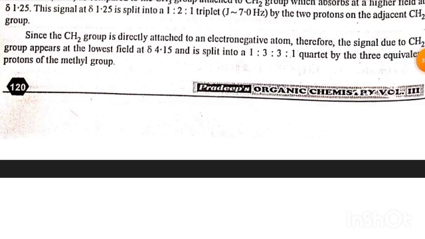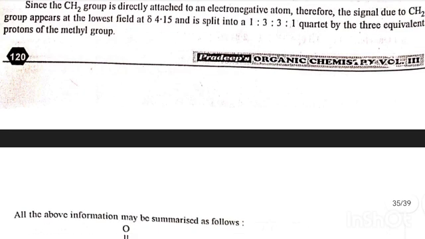Since the CH2 group is directly attached to an electronegative atom, the signal due to the CH2 group appears at the lowest field, at delta 4.15, and is split into a 1:3:3:1 quartet by the three equivalent protons of the methyl group.